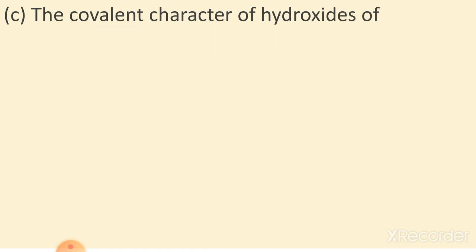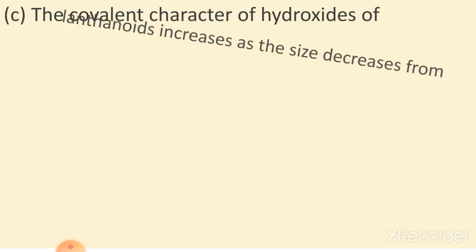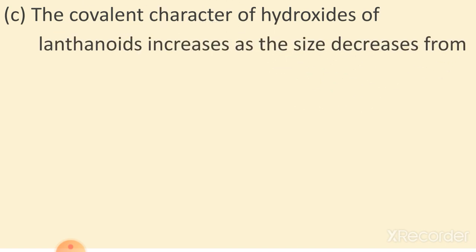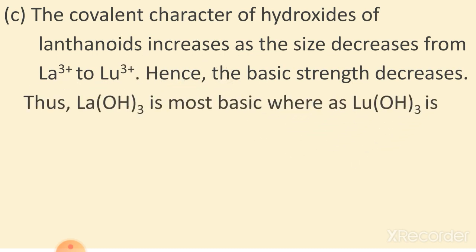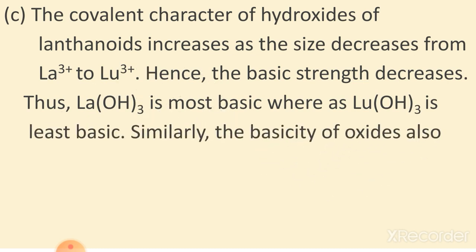Then the covalent character of hydroxides of lanthanoids increases as the size decreases from lanthanum 3+ to lutetium 3+. Hence the basic strength decreases. That's why lanthanum trihydroxide is more basic, whereas lutetium trihydroxide is least basic.